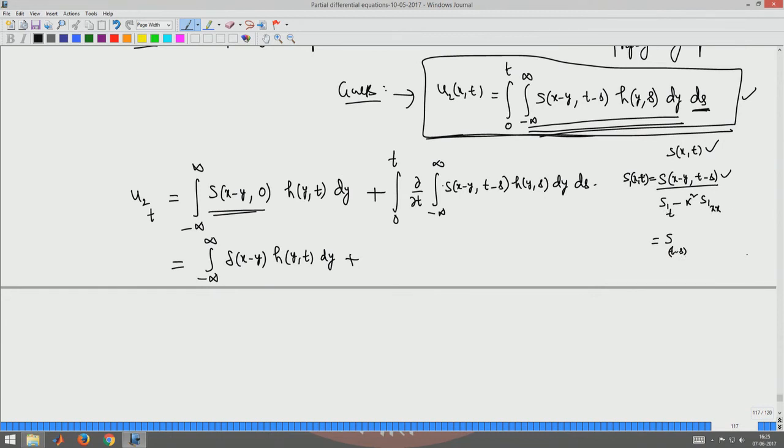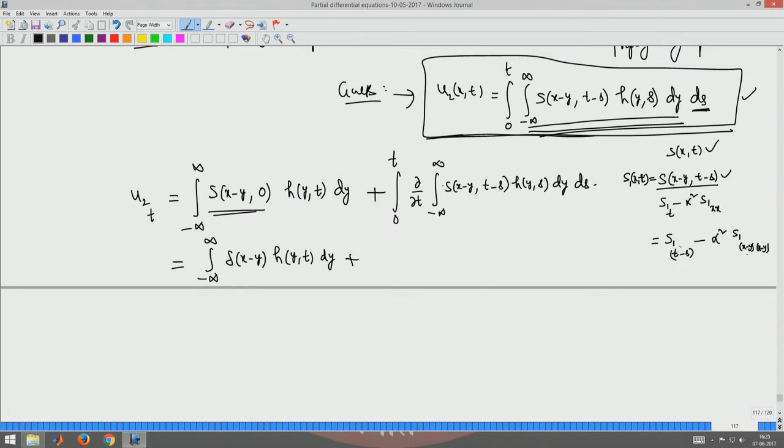What you get is S1 with respect to t minus s, d by dt of t minus s, that is simply 1, minus alpha square S1 x x. For S1 x x, x minus y is one variable, so it is like d square S1 by d of x minus y whole square, okay, something like that.